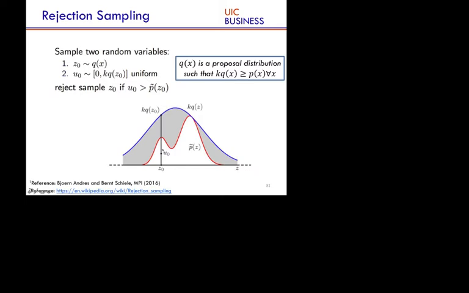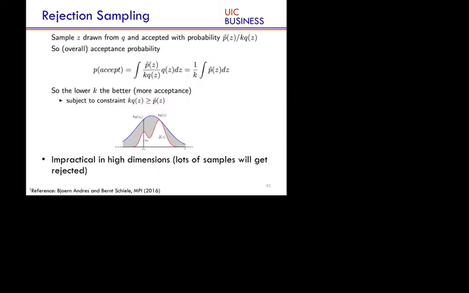Okay, and we can look at the acceptance probability here. If z is drawn from q, since I'm checking the random variable against k times q of z, the probability of acceptance is p of z divided by k times q of z.